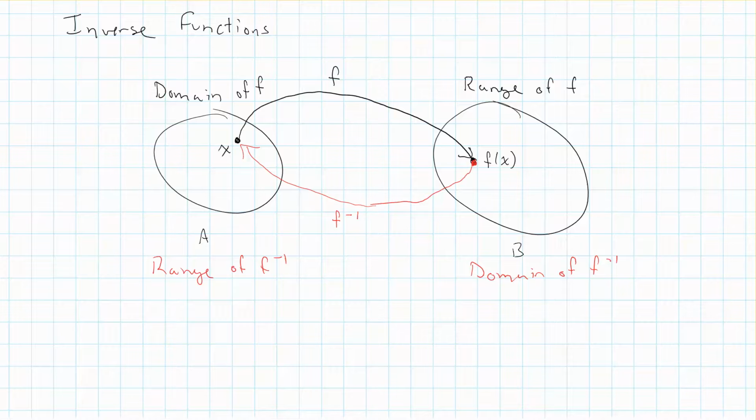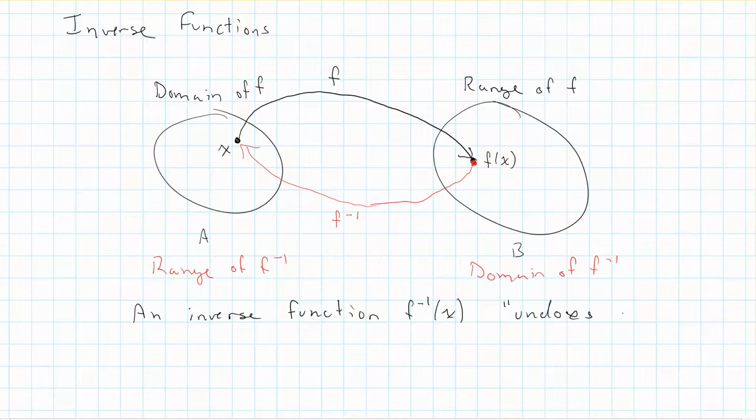Now, f inverse is just denoted with f to the -1 there. Now the key thing that I like to think about, just the general concept of an inverse function, is that an inverse function's output undoes the original function.